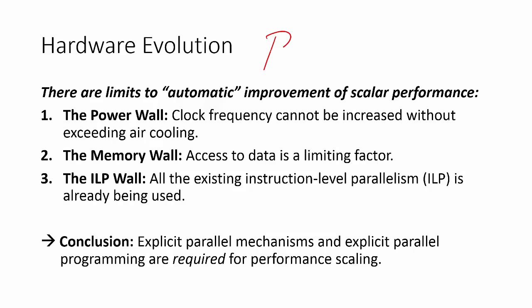The power consumption of a CMOS chip is proportional to the clock frequency times the voltage squared, and then an activity factor times some kind of capacitance.